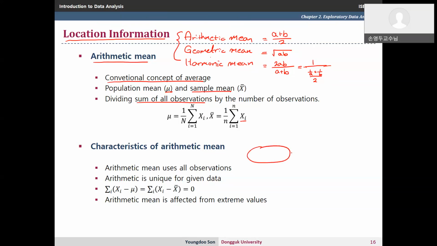If data are given, there is only one arithmetic mean value, not 2 or 3 or more. And the sum of the observations minus the arithmetic mean equals 0. We can prove it.